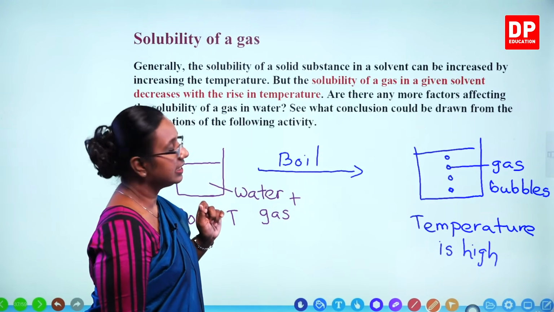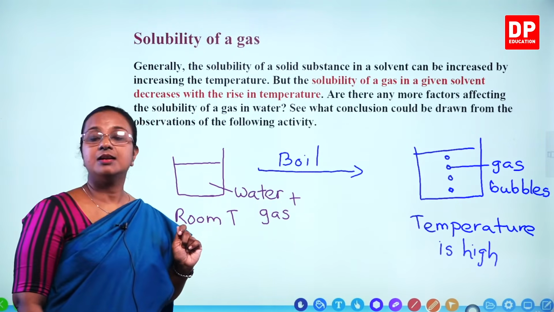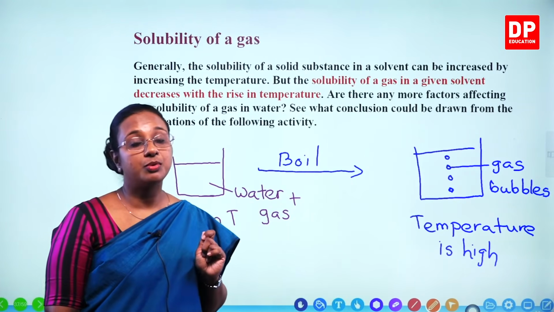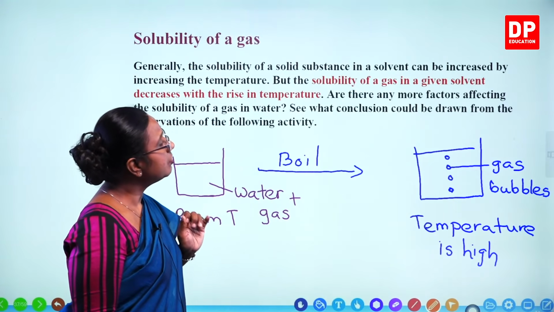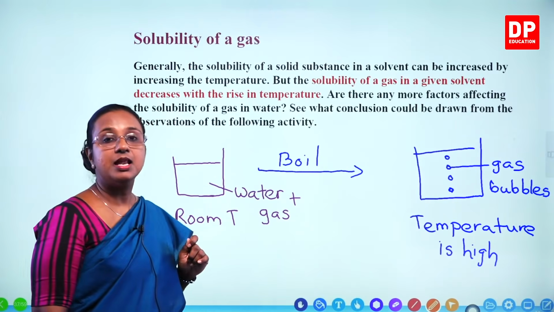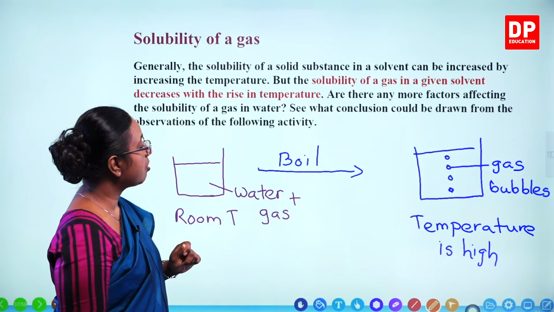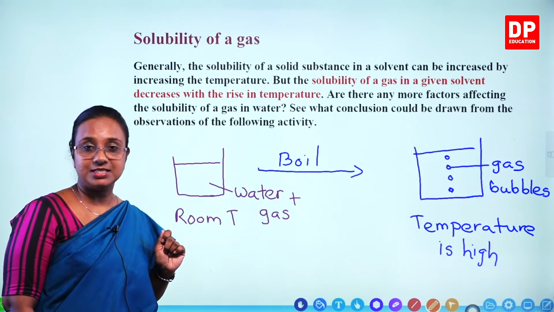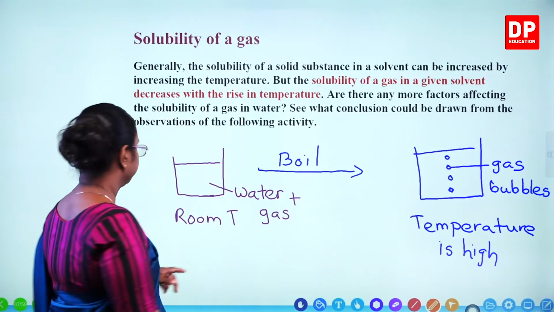Solubility of a gas in a given solvent decreases with the rise in temperature. So that is one factor you have to remember. Are there any more factors affecting the solubility of a gas in water? See what conclusion could be drawn from the observations of the following activity. Now we will move on to the activity.